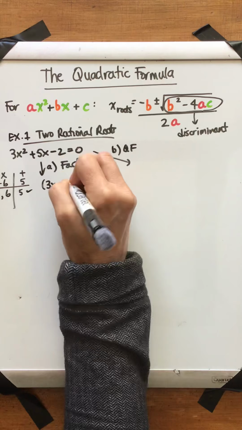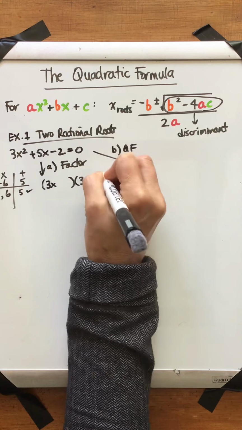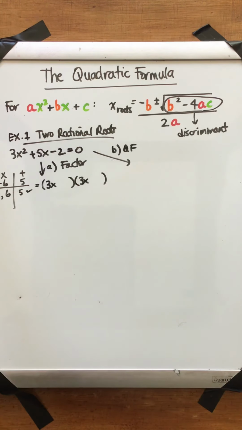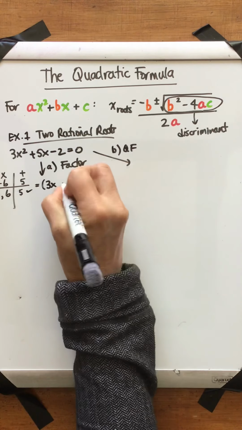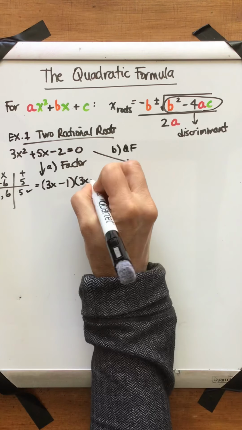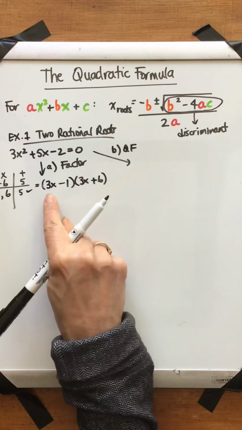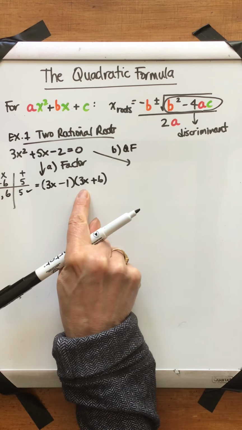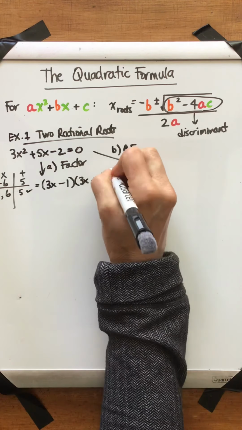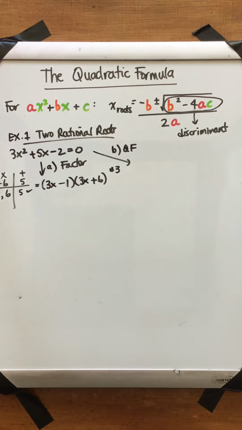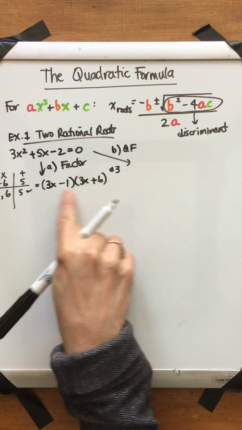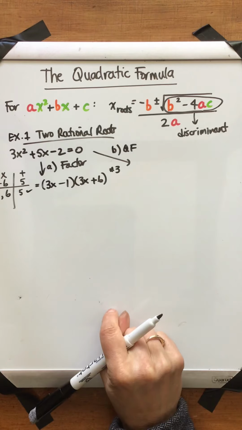I intentionally write 3x and 3x at the beginning of each binomial, and then I use each of these numbers in each spot. Remember, when I did 3x and 3x here, I intentionally have an extra factor of 3 that's going to have to come out of the answer, because 3x times 3x does not equal 3x squared, it equals 9x squared.